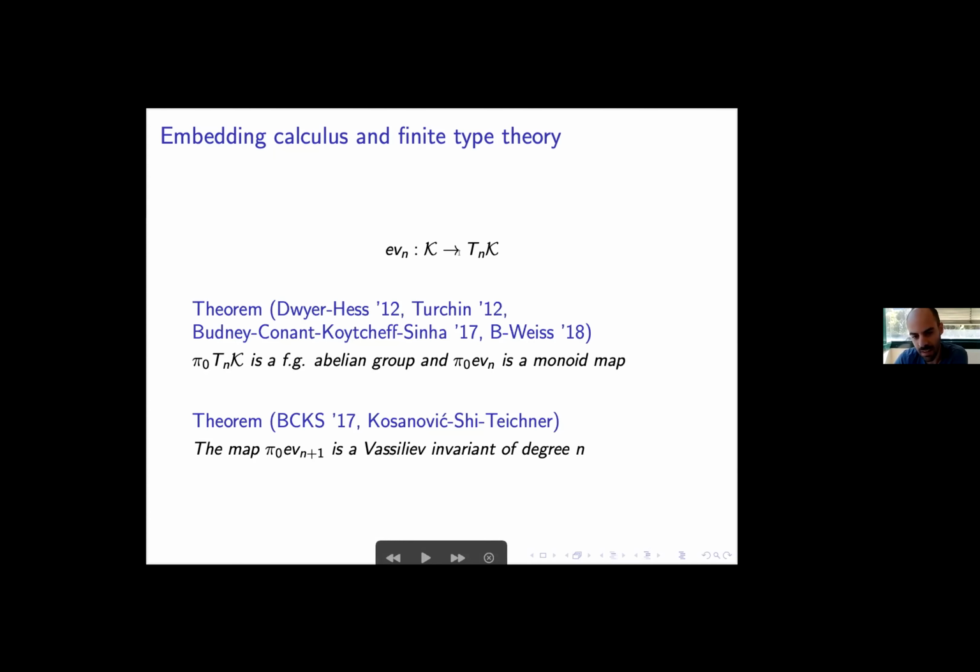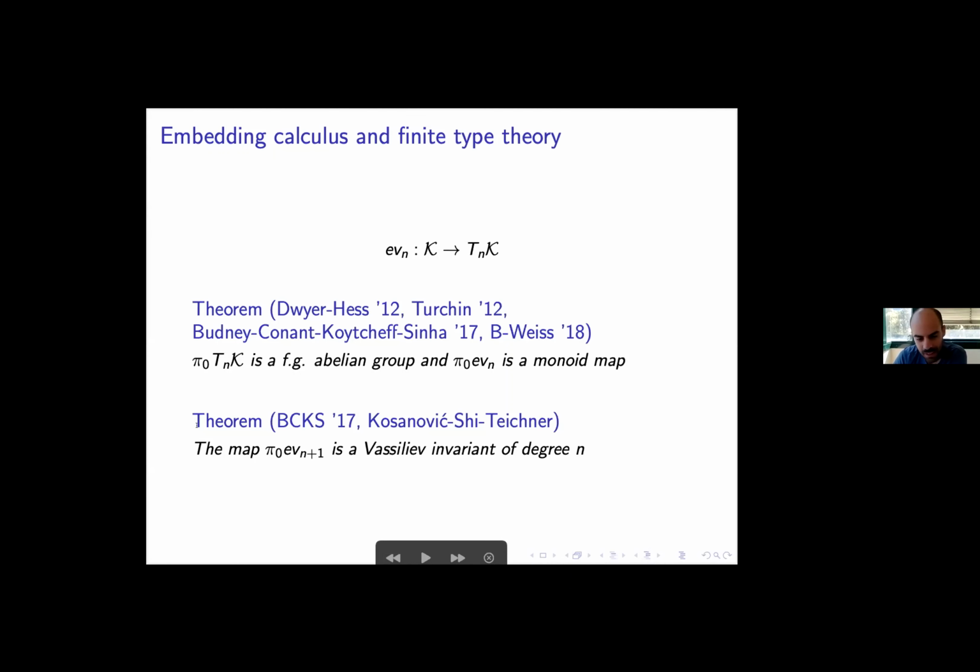Okay, so it's at least a candidate for the Kontsevich integral. It's an invariant of degree n. So the definition that I gave you of Vassiliev invariant doesn't make this clear at all. But there are other geometric ways of thinking about this invariance, which makes this theorem a little closer.